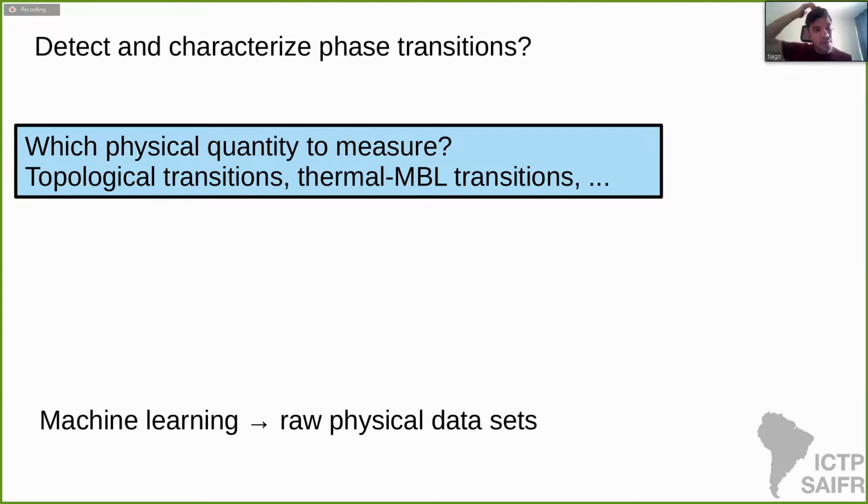One reason is that the question of which physical quantity to measure to probe a phase transition is not a trivial question. Basically, there are phase transitions that cannot be characterized by local order parameters. So here we just use raw data sets and try to extract the physics from these raw data sets. So this is one motivation.